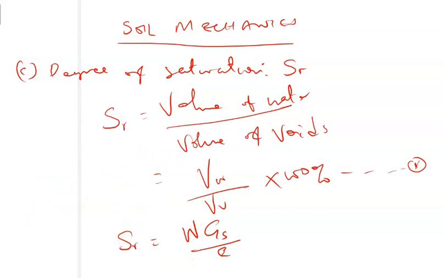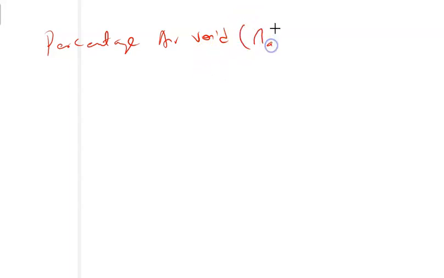So then the next thing we need to look at is our percentage air void, and this is denoted by N subscript A. So percentage air void refers to the ratio of the volume of air to the total volume.